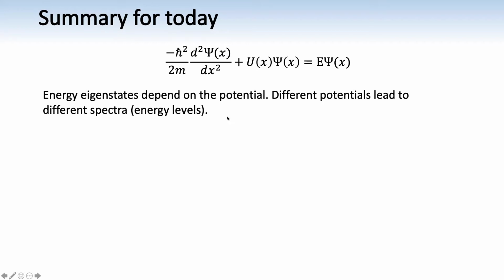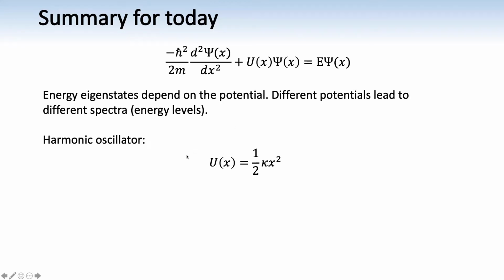And we will find that there are certain energy eigenstates, just like the infinite potential well, but the energy levels that we are going to see will be different because the potential is different.